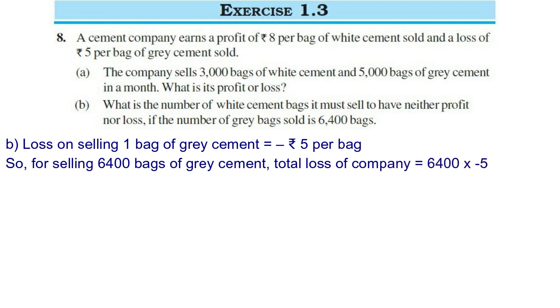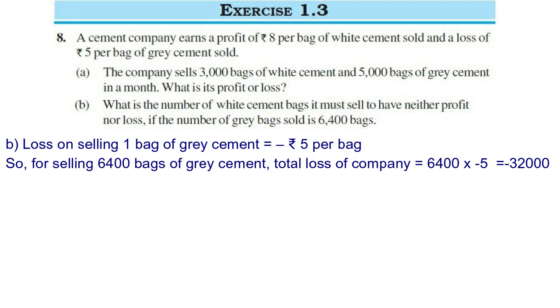So for the 6,400 bags, the company's total loss equal to 6,400 into 5 means 32,000. And if the company wants to balance this loss amount through profit, means selling of white cement, how many bags of white cement have to be sold?